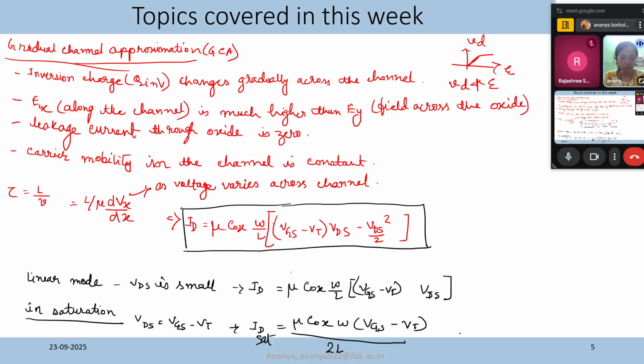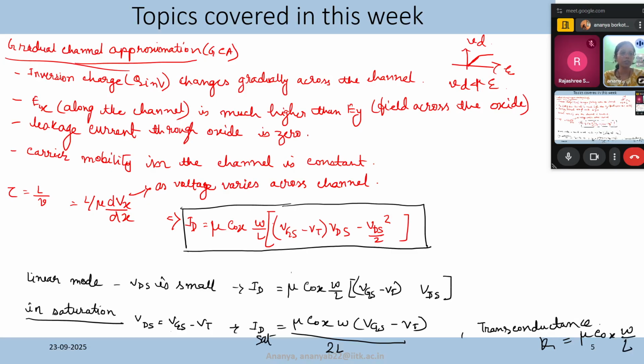Here we also define a parameter called transconductance, which is mu Cox W by L. Remember, what is conductance?